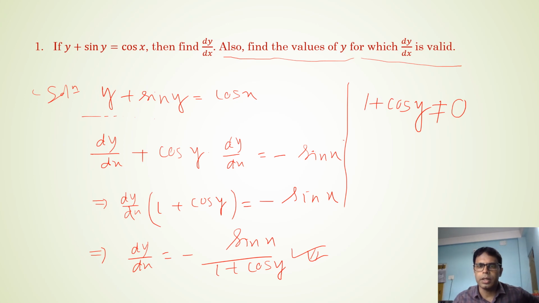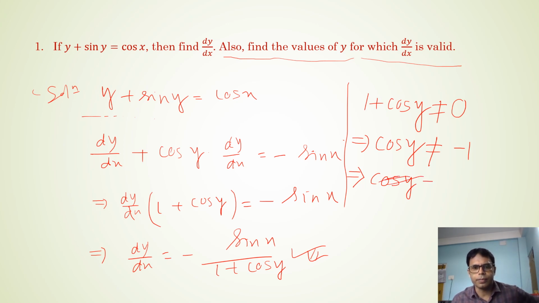So it implies cos y is not equal to minus 1. Now what are the values of y where cos y is equal to minus 1? That was already discussed in the first year classes.